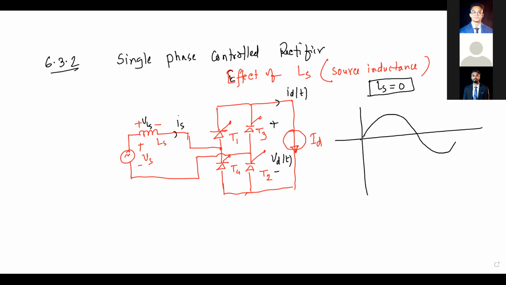So this is your input voltage, this is pi and this is twice pi, and that will be omega t. That is your input voltage. And we have applied the firing pulse here.